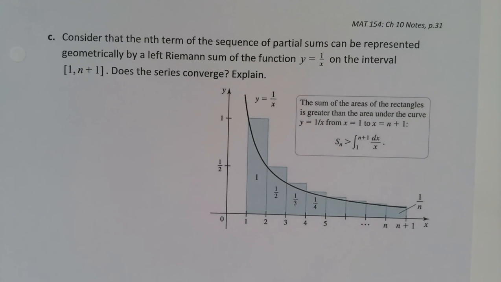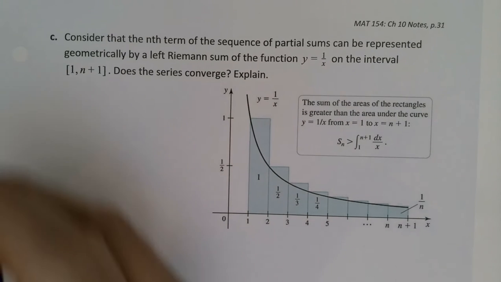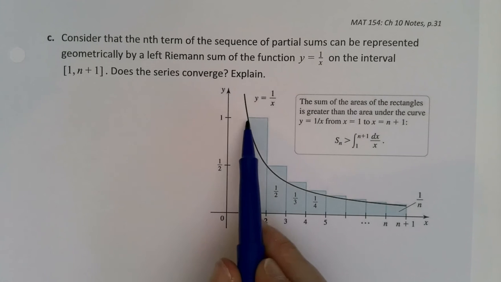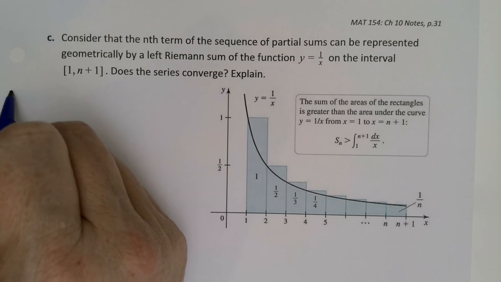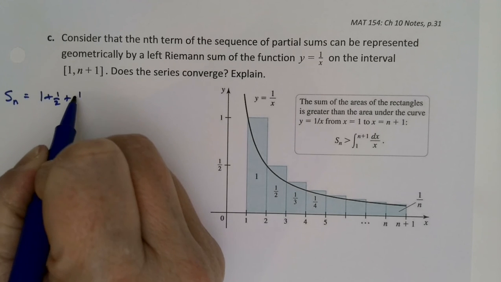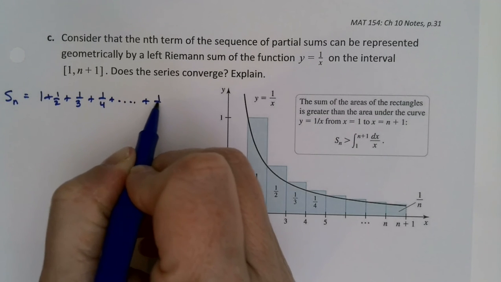All right, so let's look at that in a different way. If you look at the Riemann sum, what's happening? Well, if I add up 1 plus a half plus a third, that's the left Riemann sum. If I think about the area of this rectangle, that's 1. So S sub n equals 1 plus a half plus 1 over 3 plus 1 over 4 plus up to 1 over n.